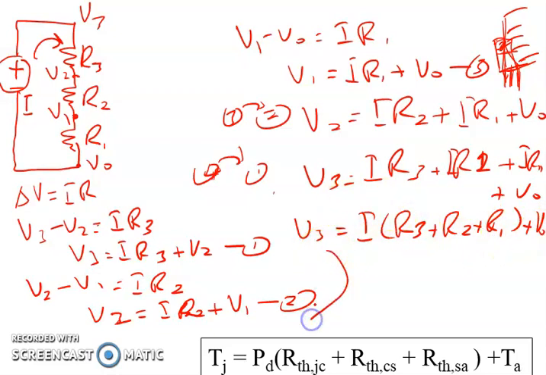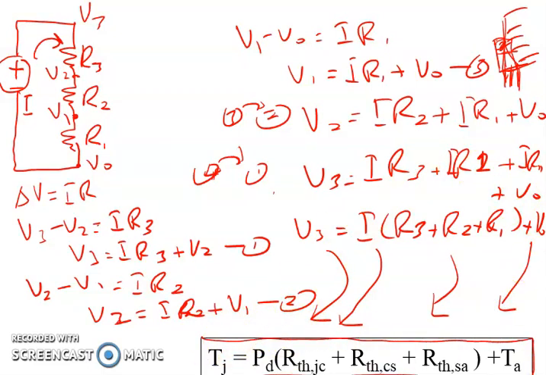So this is the same as this one. If we transfer all the values from electrical to thermal equivalent parameters, V3 becomes TJ, I is the PD, and the resistances are the thermal RTH of JC, CS and SA, and this is your ambient V0. So this is how this equation is generated from the circuit.